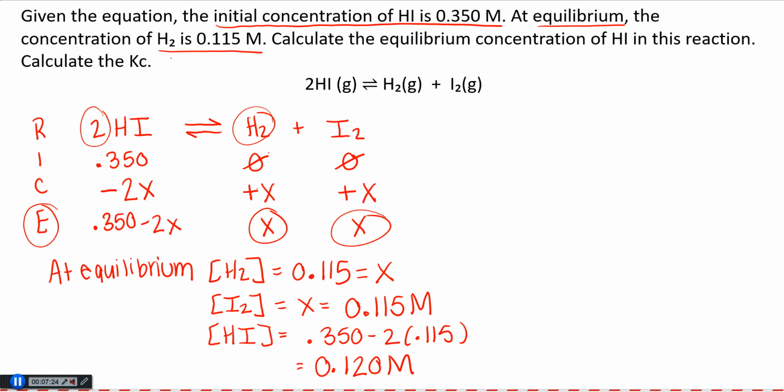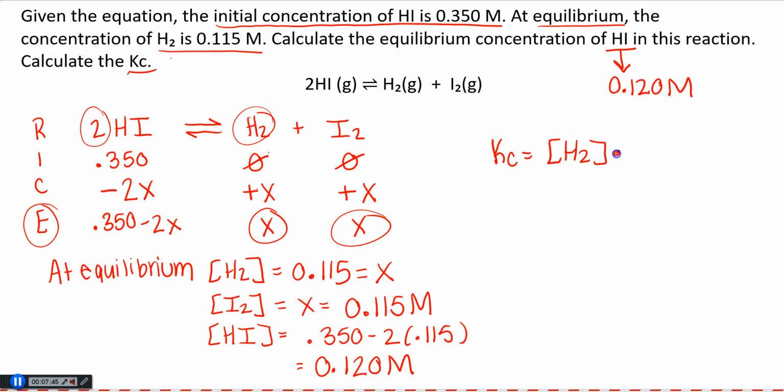So this question is asking for the equilibrium concentration of hydrogen iodide gas. We just calculated that at 0.120 molar. But we also have to calculate Kc, our equilibrium constant. So to do that, first we need to write an equilibrium expression.